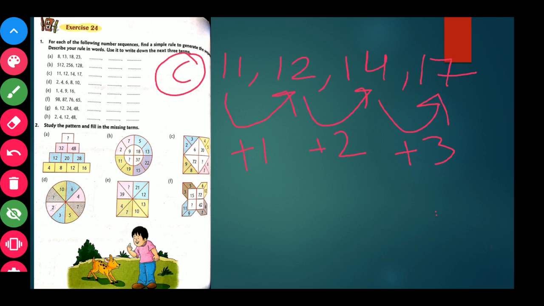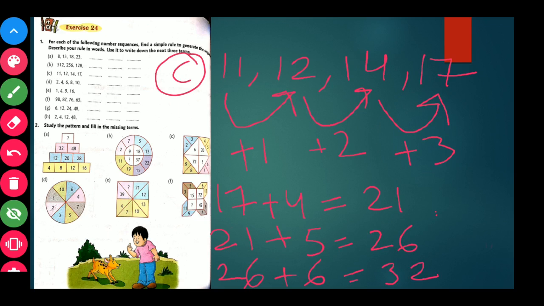So the next number will be 17 plus 4 and the answer will be 21. Now in 21 add the next natural number 5 and the answer will be 26. And similarly in 26 add the next number 6 and you will get the answer 32. So the next three numbers are 21, 26 and 32.